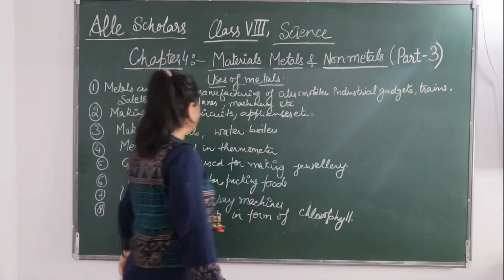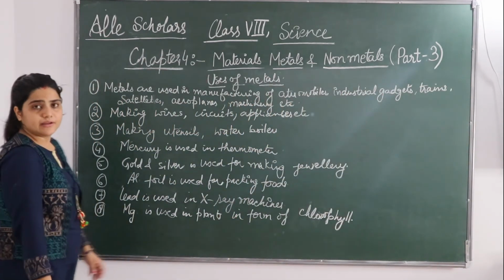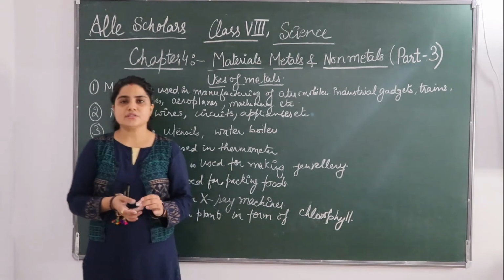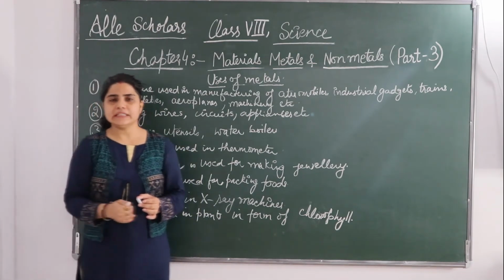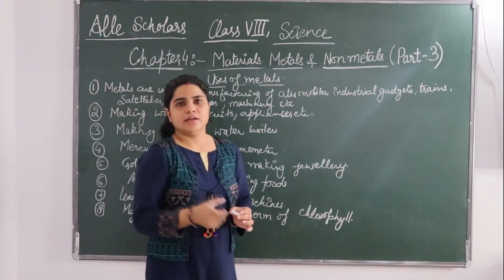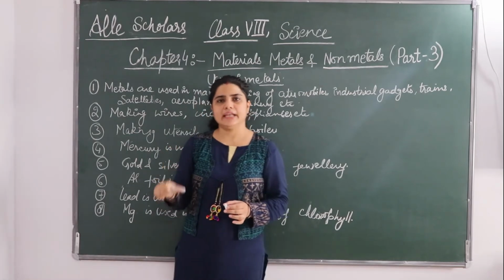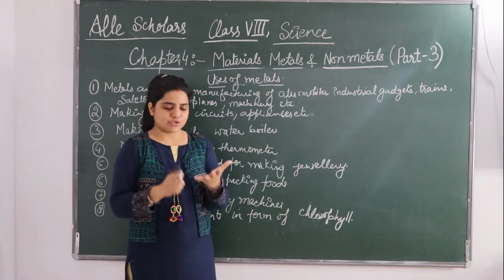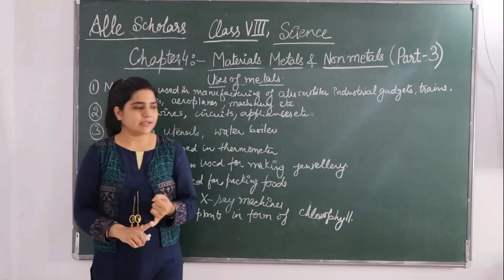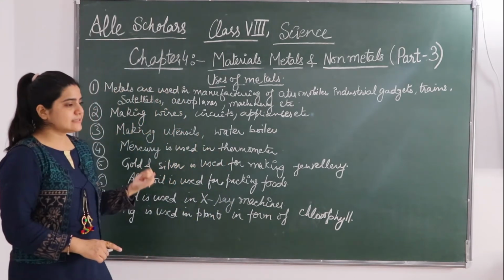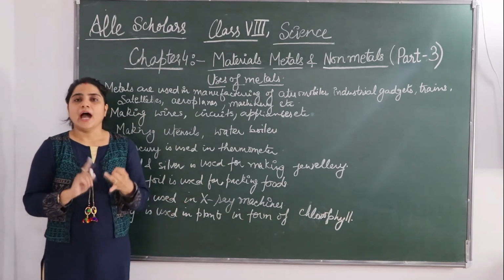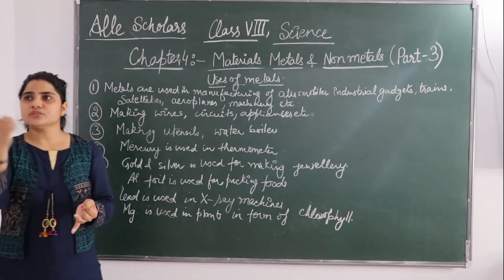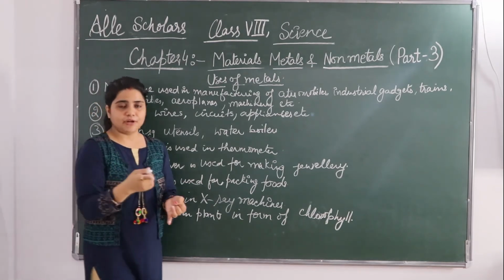Okay, next, if you see iron is also a metal. Where is it used? Our hemoglobin consists of iron. If hemoglobin is low, it means there is an iron deficiency. Hemoglobin should be balanced. So iron is again a metal which is used in our body as hemoglobin. And iron is used in construction.